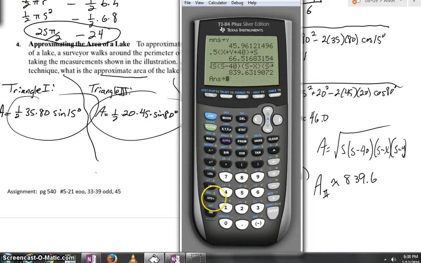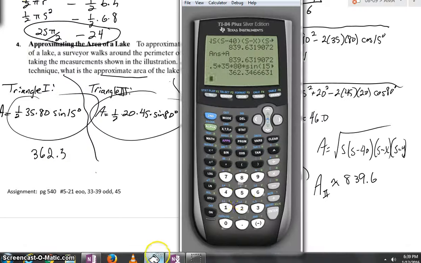But before I do, I'm going to store this in for alpha A. We'll call this, the area of triangle 2 is A. Triangle 1, well, we can say 0.5 times 35 times 80 times the sine of 15. We wrote it out, but we just never really evaluated that. How about I also store that for alpha B? I think you can see where we're going with this. You can see that's about 362.3.